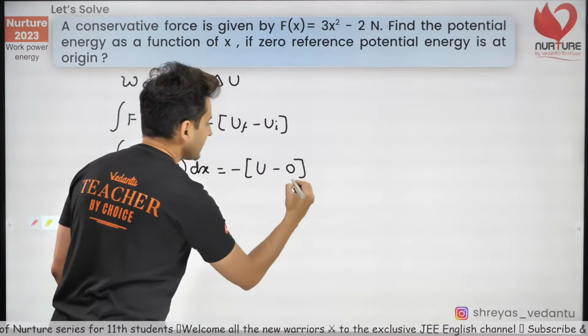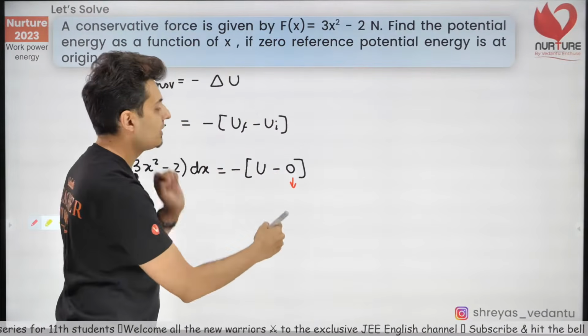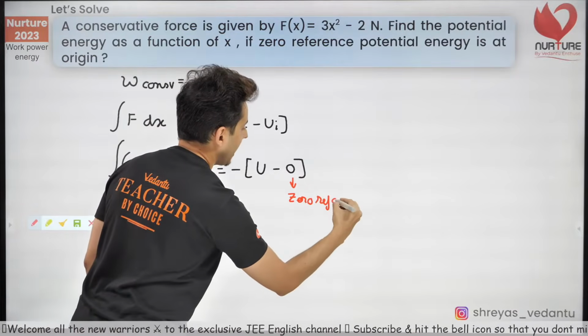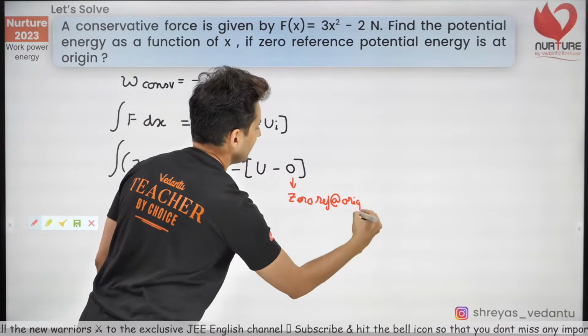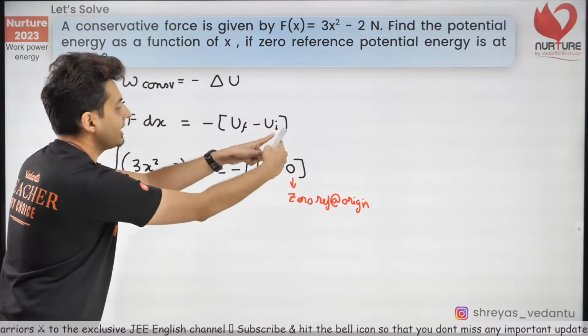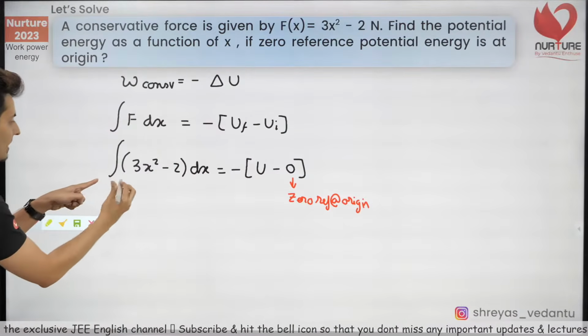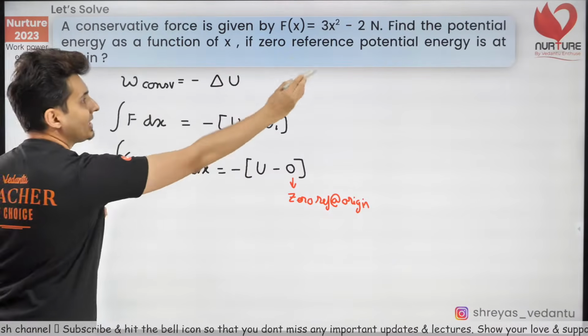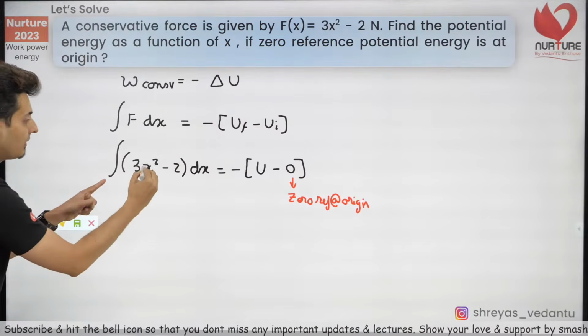Now why did I put it as 0? You should understand, initially it was at the origin, so this is my 0 reference. If it starts from the origin, what is the value of x at the origin?